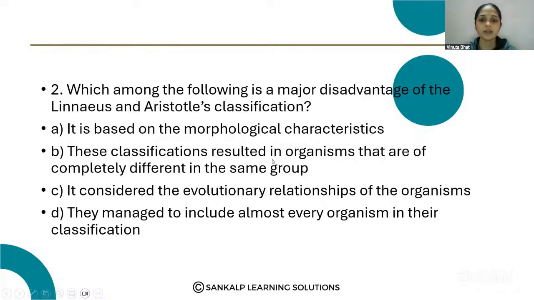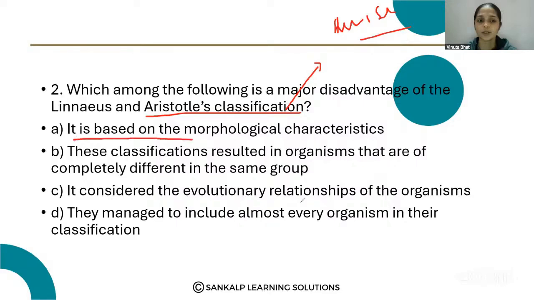Second question: which among the following is a major disadvantage of the Linnaeus and Aristotle classification? Aristotle's classification of organisms, like plants into herbs, shrubs and trees, is based on morphology. This classification resulted in organisms that are completely different being placed in the same group.